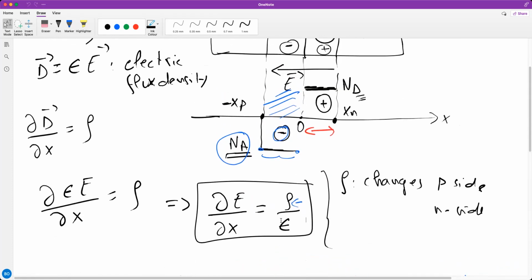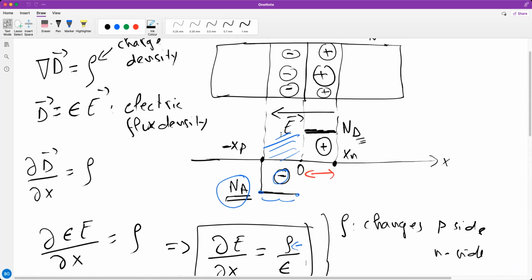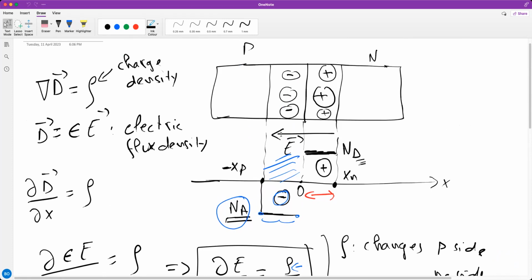So here is something that I just want to remind you. In the depletion region, we always take 0. This is the 0 of the depletion region. The origin of the depletion region is exactly the interface between the P and N.